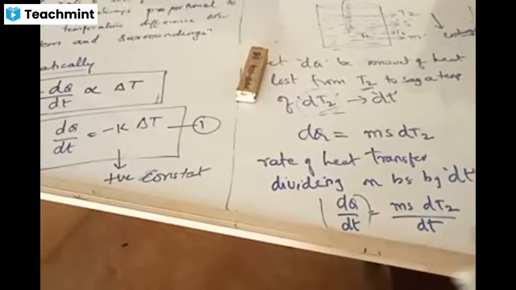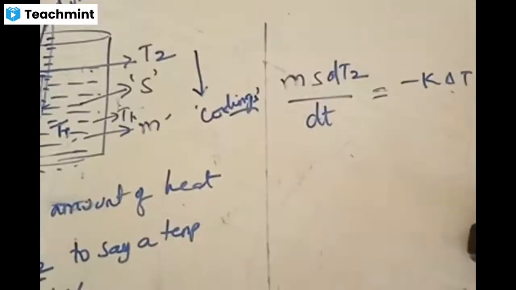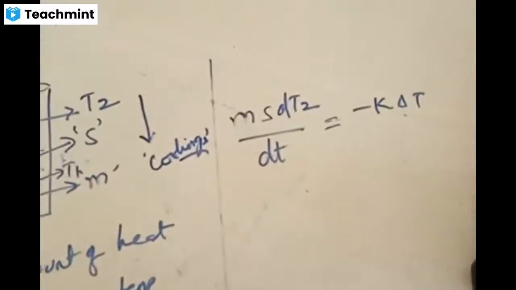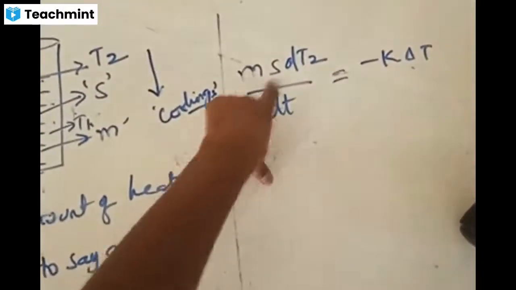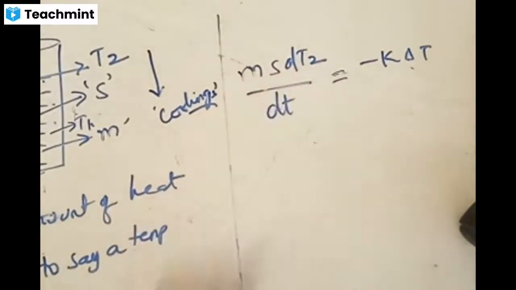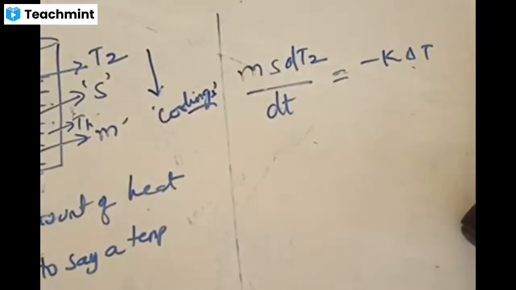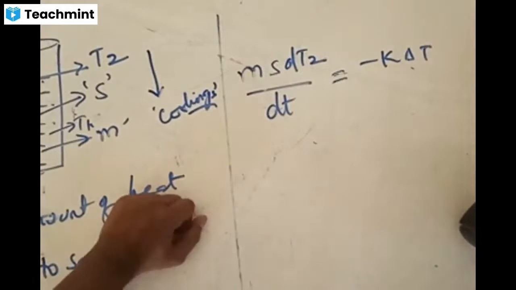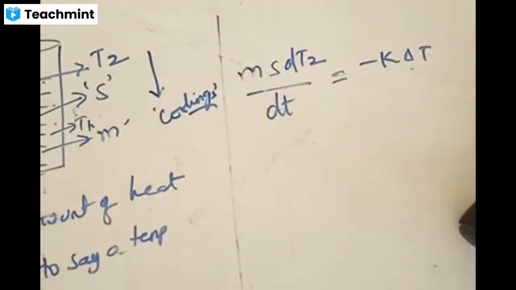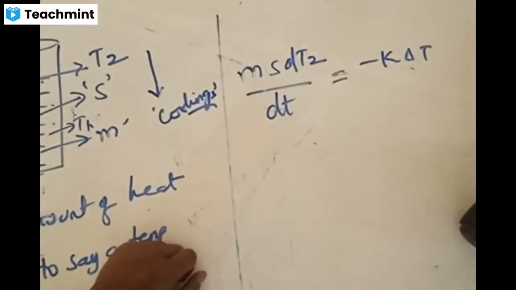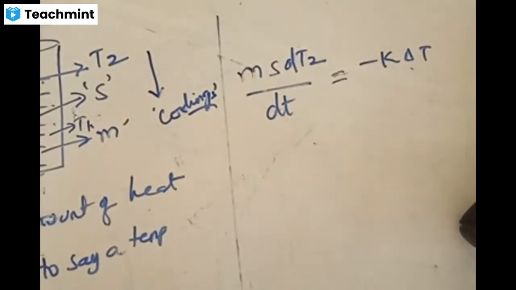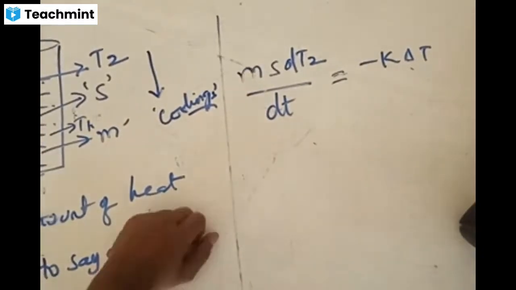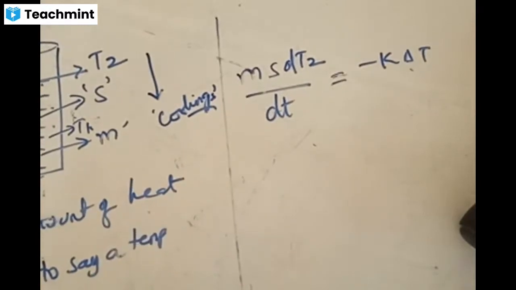That is, m s dT2 by dt is equal to minus k times delta T. That's what I have written here, right? Is the equation clear? Yes, clear.